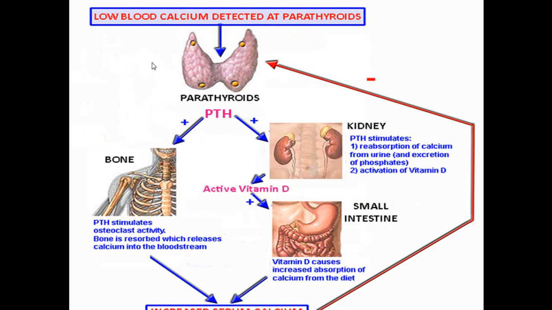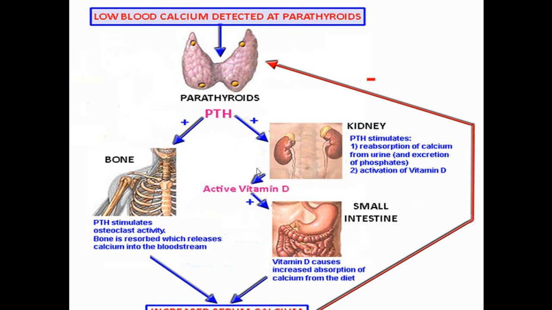This is the pathway. Here, when there is low calcium, it will be detected by the parathyroid gland and will secrete the parathyroid hormone, which will activate the kidney, and here parathyroid hormone stimulates reabsorption of the calcium from the urine and excretion of phosphate, and it will activate vitamin D, and also act on the bone and stimulate the osteoclast activity, and bone here is resorbed, which releases the calcium into the bloodstream.